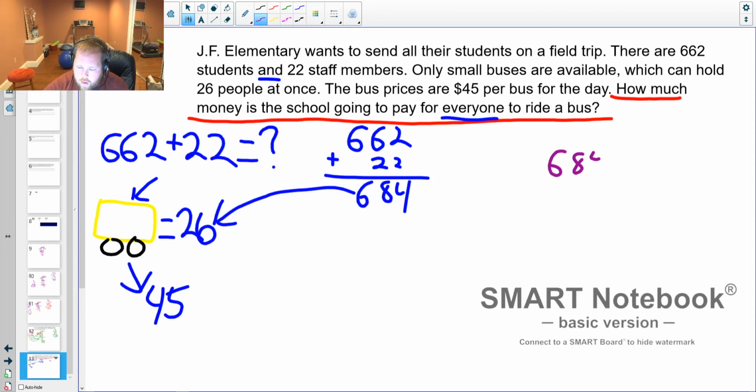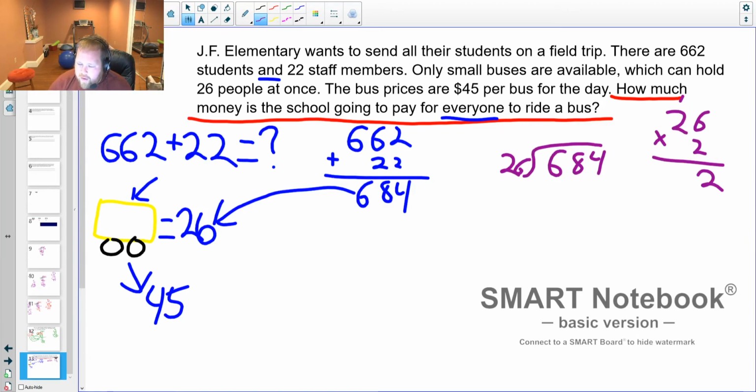684 divided by 26. Okay. I know that 26 is very close to 25, and 25 times 2 equals 50. So that is very close to 68. So I'm going to try 2. 26 times 2 equals 6 times 2 equals 12. 2 times 2 equals 4.